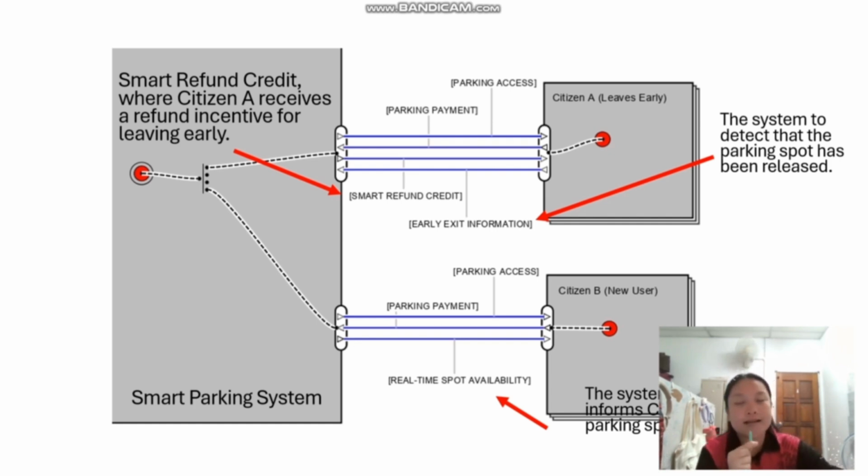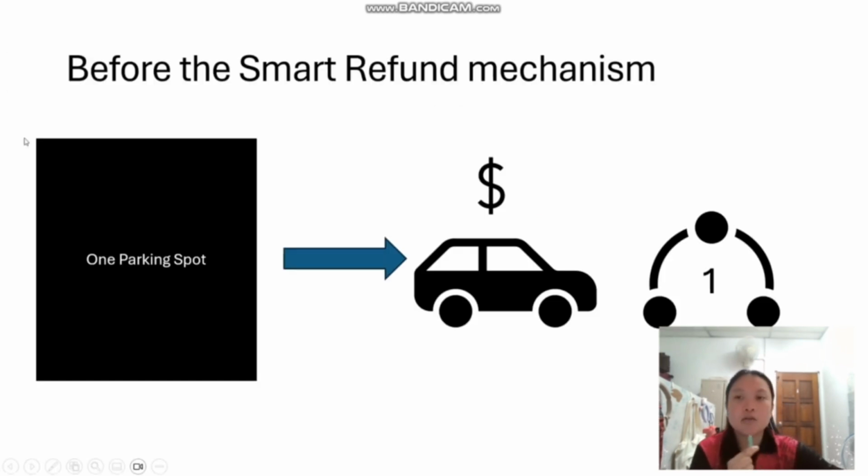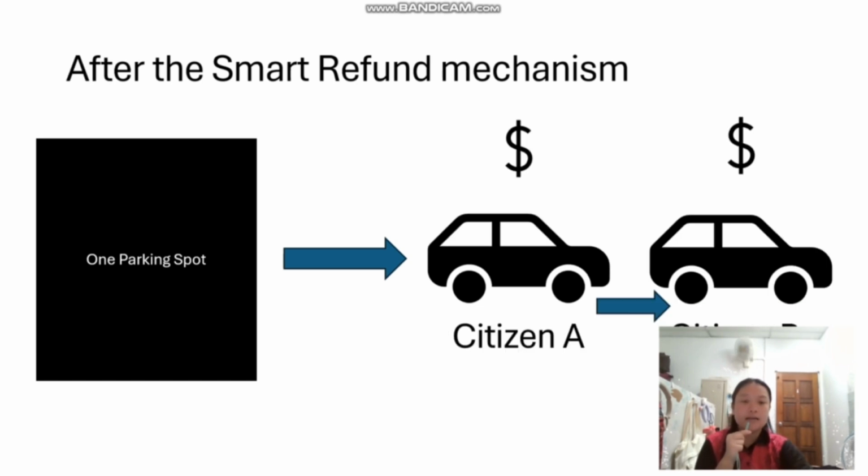So now let us analyze the value of this strategy. Before the smart refund mechanism, one parking spot could only generate one parking payment transaction per parking cycle. However, after introducing this incentive strategy, the same parking spot can now generate two parking payment transactions from two different users.